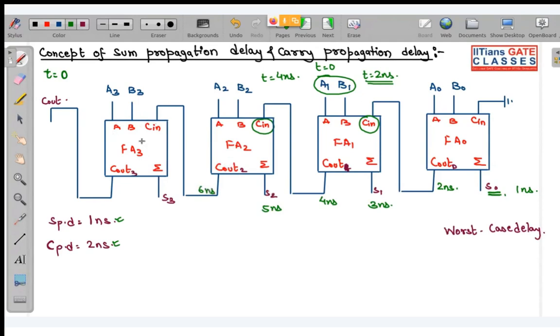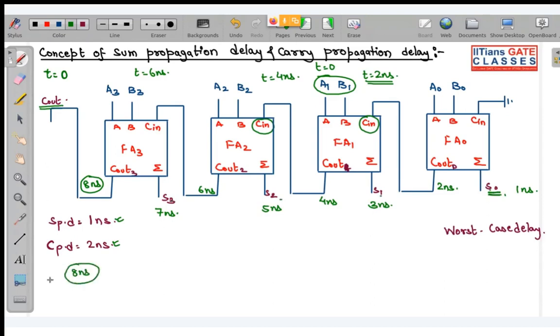So the complete set of input for this full adder will be generated at 6 nanoseconds. After 1 more nanosecond, that is 7 nanoseconds, S3 will be generated, and the Cout will be generated after 8 nanoseconds. So your complete set of outputs, Cout, S3, S2, S1, S0, is being generated after what?